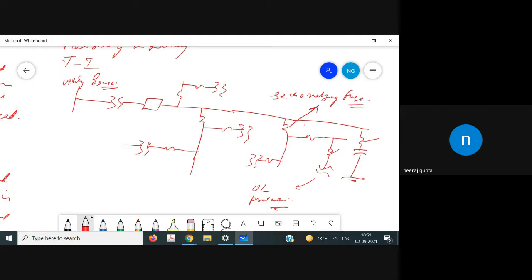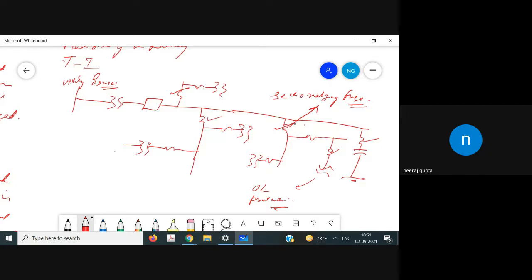Sometimes we use the sectionalizing fuse to divide the system into smaller sections, which can then be isolated from the rest of the system. Like this is a sectionalizing fuse, then this is a sectionalizing fuse if we want to disconnect that.